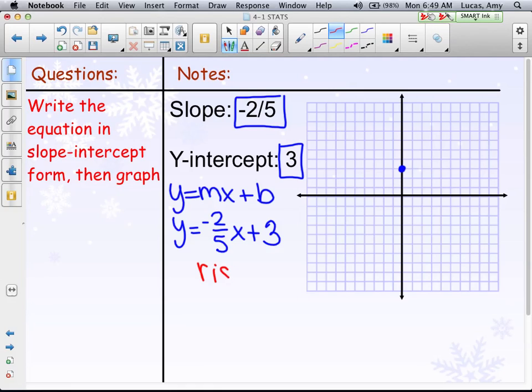So rise over run, -2, so down 2/5. Now, if you wanted to, instead of continuing your graph to the right, going down 2/5 again, you could reverse that process, and you could instead go up 2 and then back 5, and you should see that this point still lies on the same line, because that line continues in both directions. So you can choose if you want to continue going to the right or if you want to balance it to the left.